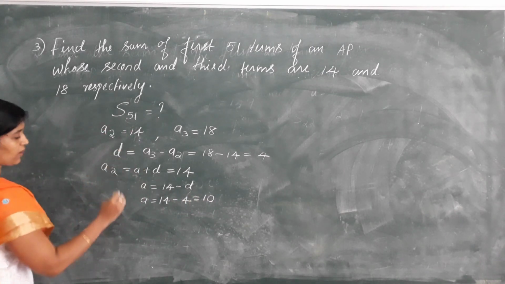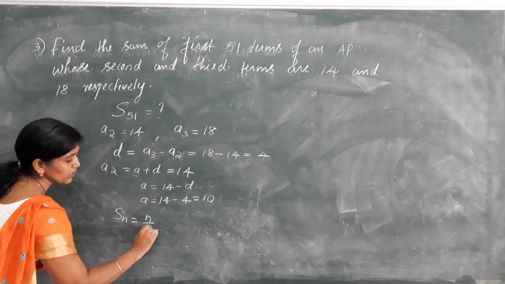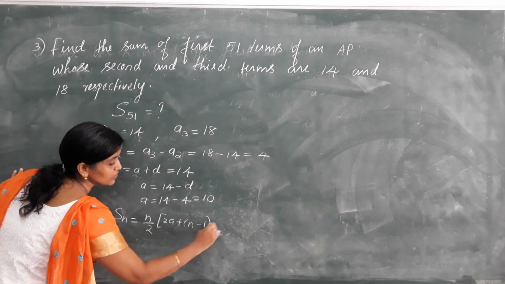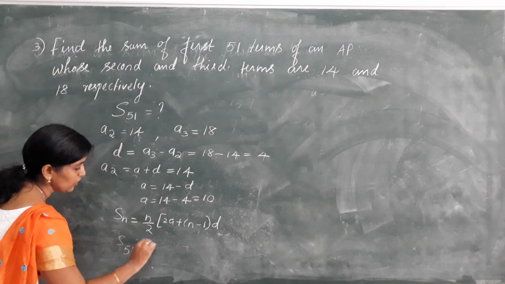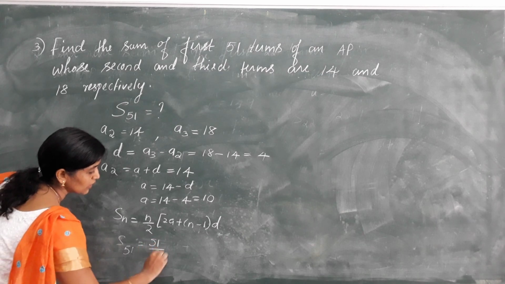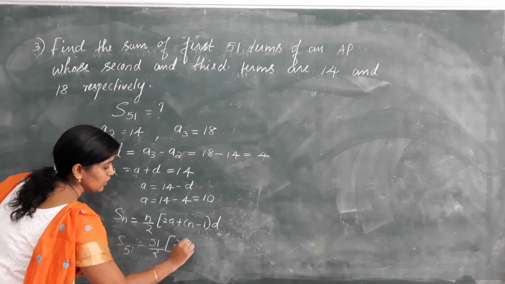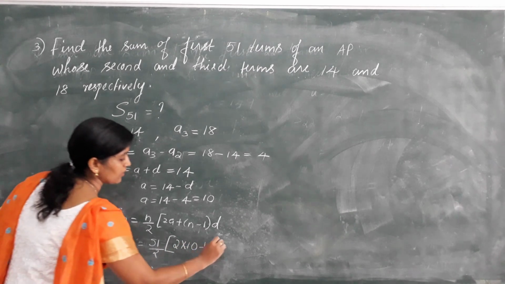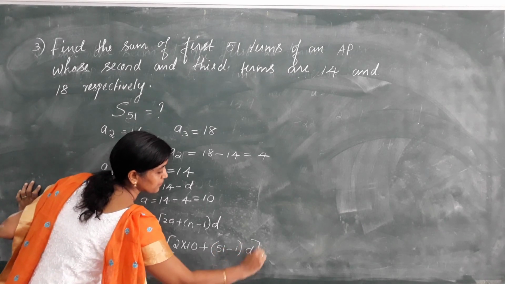Now we can use the formula Sn is equal to n by 2 into 2a plus n minus 1 into d. So S51 is equal to 51 by 2 into 2a, where A we got as 10, 2 into 10 plus 51 minus 1 into d.